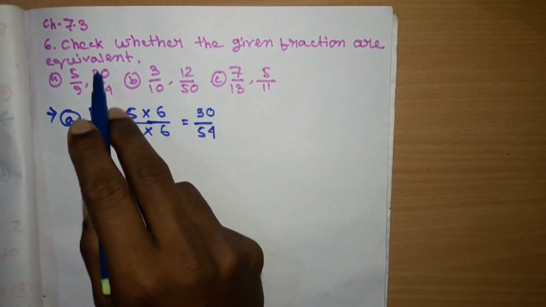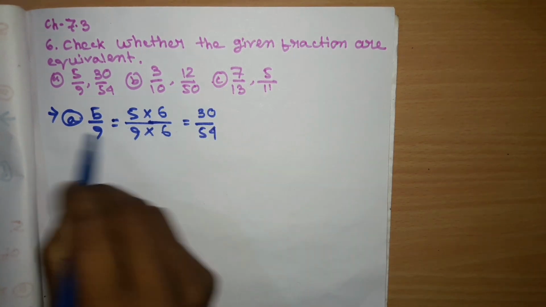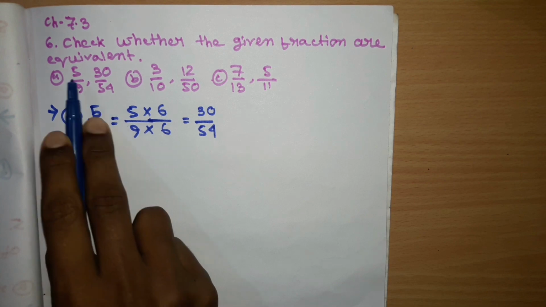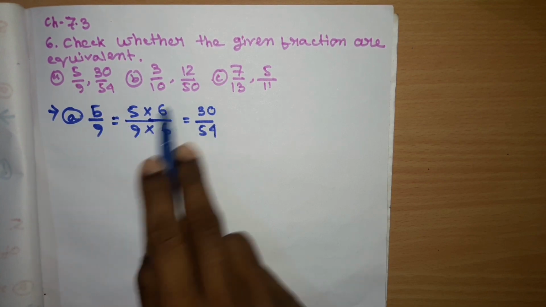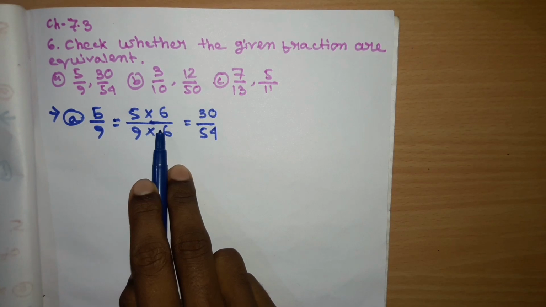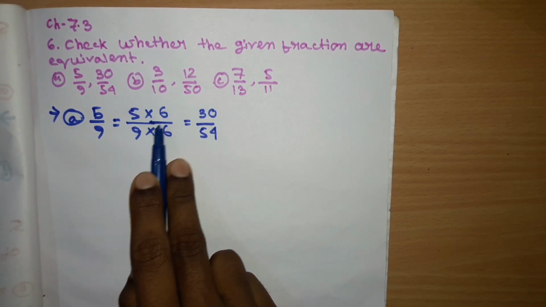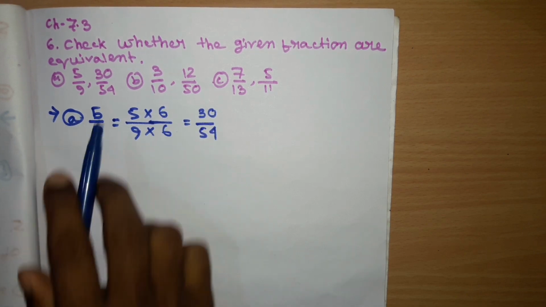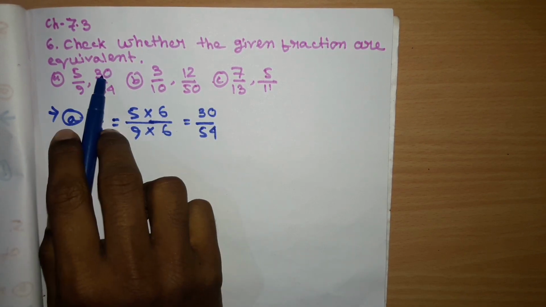So after multiplying the numerator and the denominator of the fraction 5 by 9 with a common number, I am getting another fraction which is exactly the same as the other fraction.